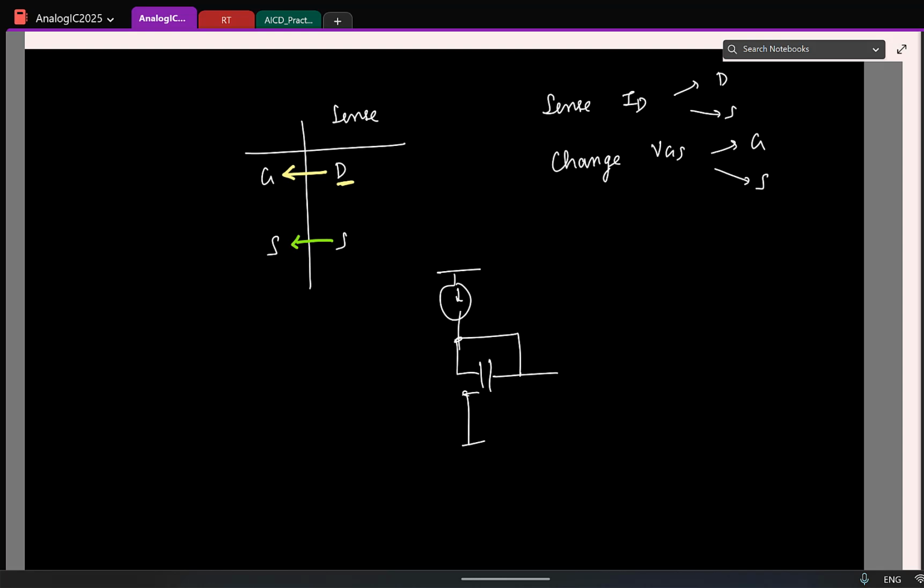I can sense my drain current either at the drain side or at the source side. For changing VGS, I can either change the gate voltage or the source voltage. So this gives me 4 different combinations, that's all. So we'll just look at this combo where I am sensing at the source side and changing my source voltage.